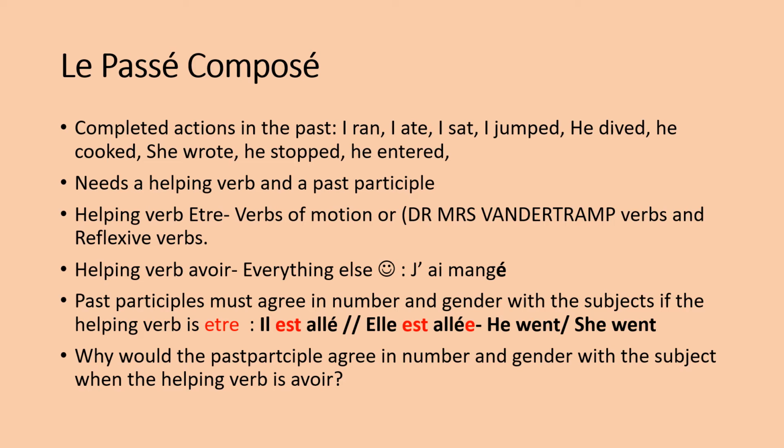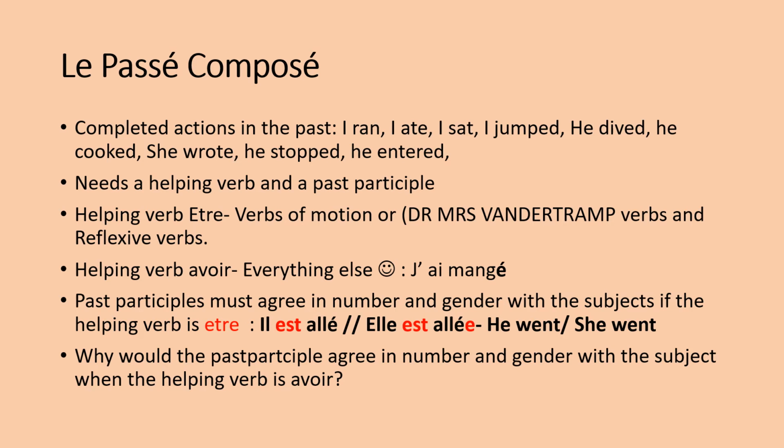Okay, so you have the helping verb être, which is used with verbs of motion, such as the Dr. Mrs. Vandertramp verbs, jouer, sortir, venir, aller, mettre, descendre, entrer, tomber, mourir, partir, and so on. You should know these by heart.